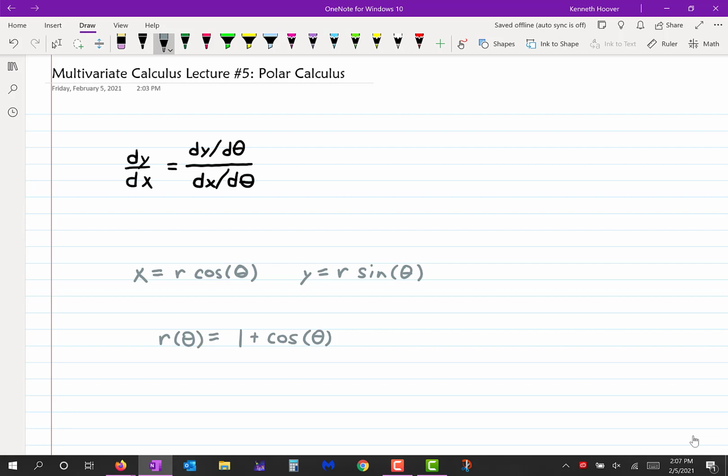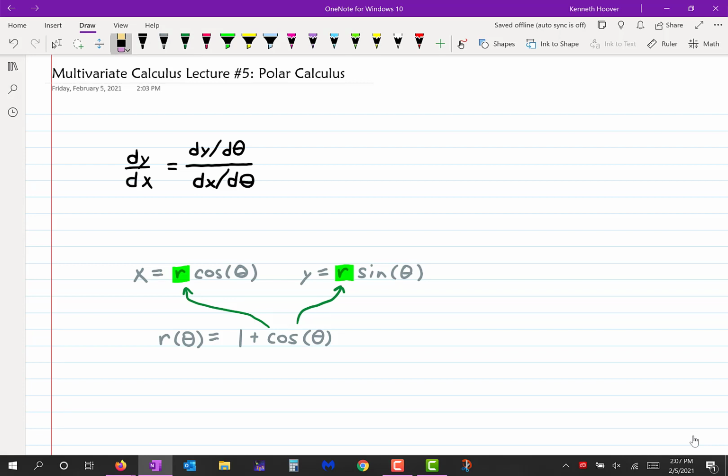So you need to remember that that's true with these r's up here. They are actually functions of theta. In this particular case, it would be 1 plus cosine theta in both of those.